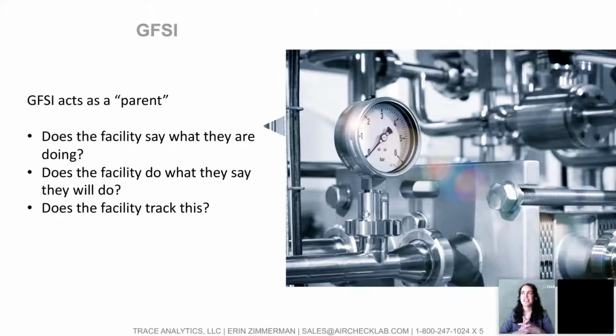So GFSI is asking us questions like, does the supplier clearly state what they manufacture and how they do it? Things like, does the supplier follow their own food safety procedures and plans for monitoring? Is all of this documented where it's easy to find and chart, like a trend analysis, and even see times where maybe corrective action was necessary to take?